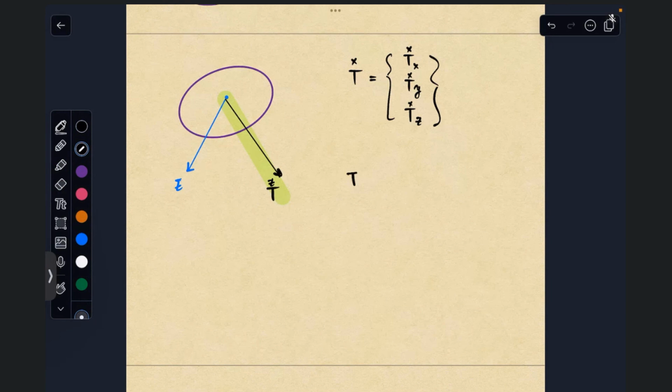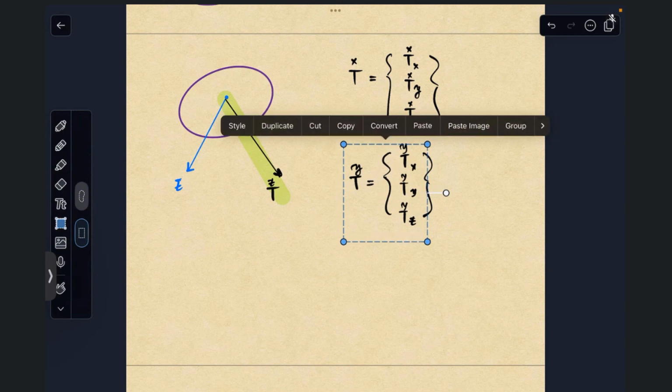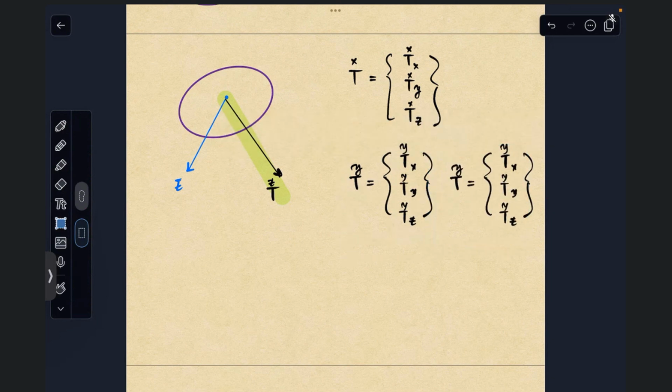Similarly, t of y can be resolved like t of y along x, t of y along y, t of y along z. And cyclically, I can take it how it will look for z also. So for the z plane, it will look like this. So I take it that that is clear.